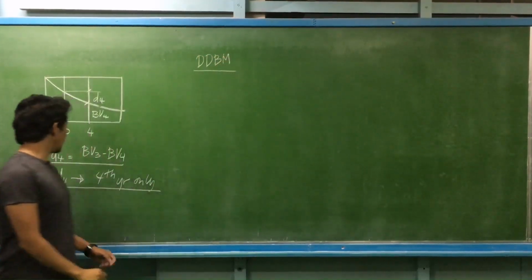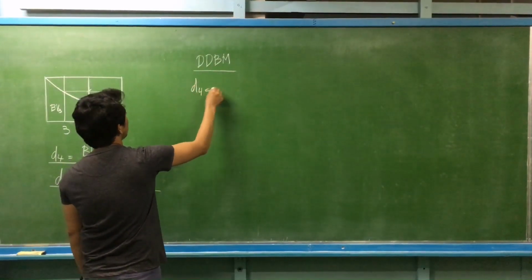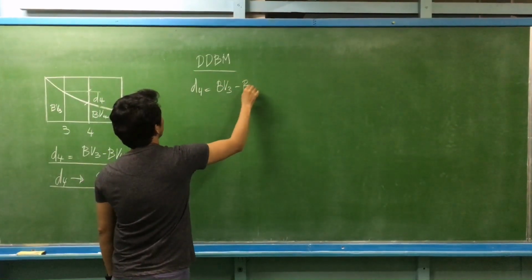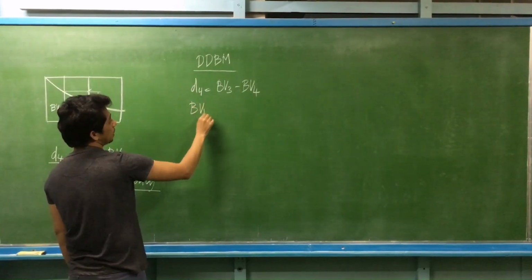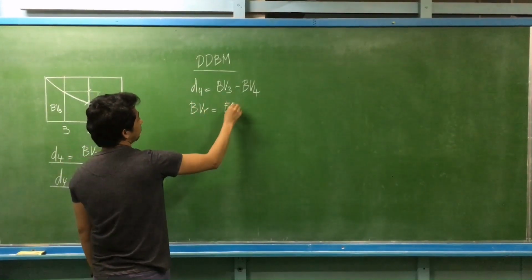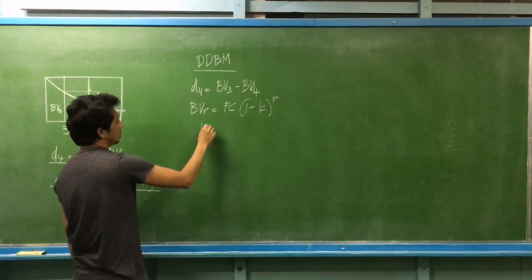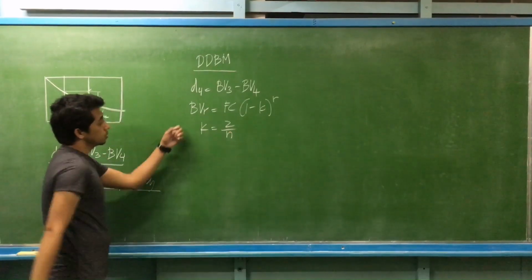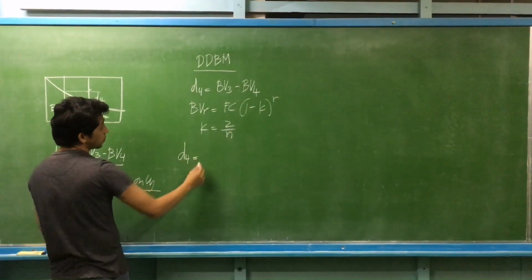So kunin lang natin yung difference ng dalawa. D sub 4 is equal to book value number 3 minus book value number 4. Paano ba kumuha ng book value? Book value R is equal to first cost multiplied by (1 minus k) raised to R, wherein yung k natin is simply 2 over n.